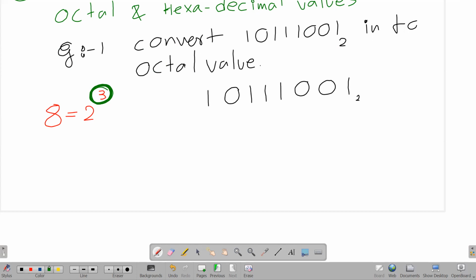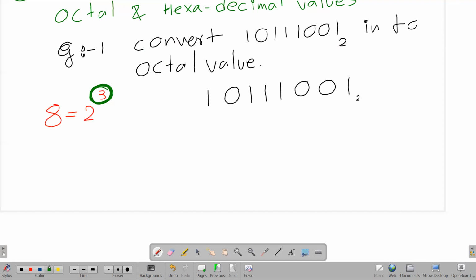When we are given this kind of binary value, the technique is, first we have to group this binary value into many different small groups, each containing 3 bits. What do you mean by 3 bits?